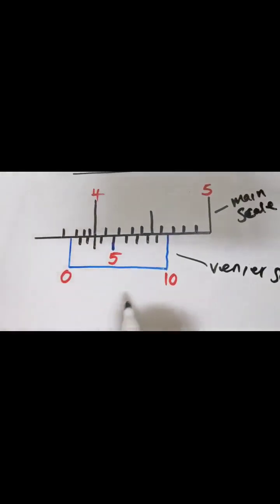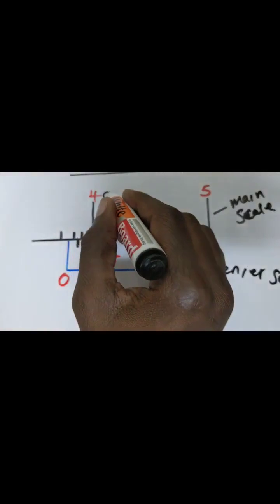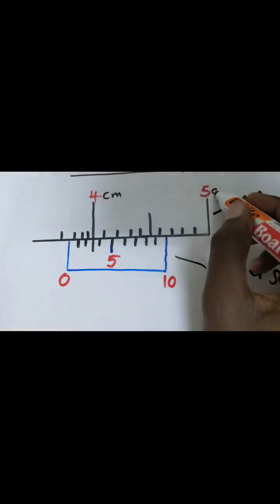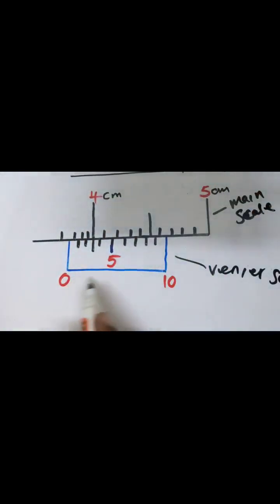Okay, so we are going to know how we can find the readings on this Vernier calipers. This scale is in centimeters, and these ones down here are in millimeters, that you should know.